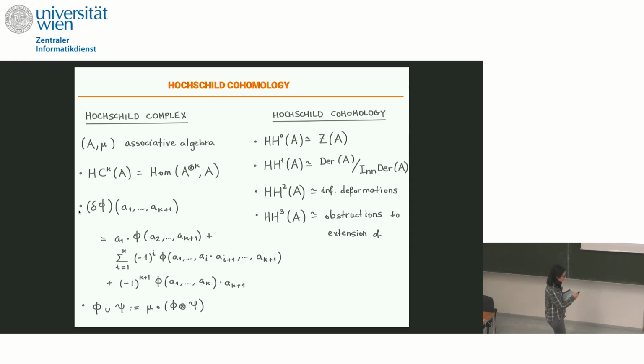There are many ways. Okay, first I can say, well, I apply phi on the last k inputs, and then I multiply by the first one. Or the other way around, I apply phi to the first k terms, and I multiply the last one. Or I can put all together, all inside phi, but then I have to multiply two of them, otherwise I have too much inside.